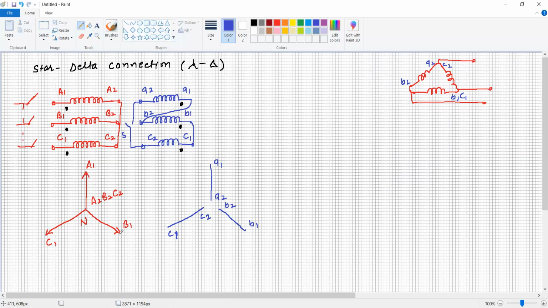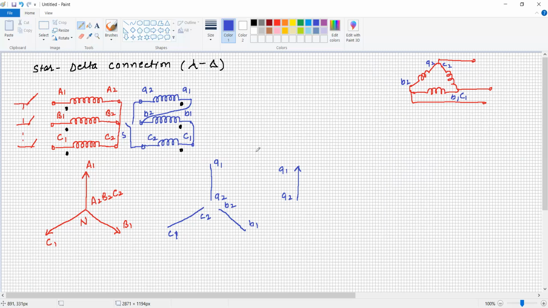Now, once we connect the diagram in this fashion, what would be the voltage? So A1 as it is, A2, okay. Now B2, B1. So B2, B1, this is the vector, okay. I will draw this B2, B1 parallel, starting from this terminal.